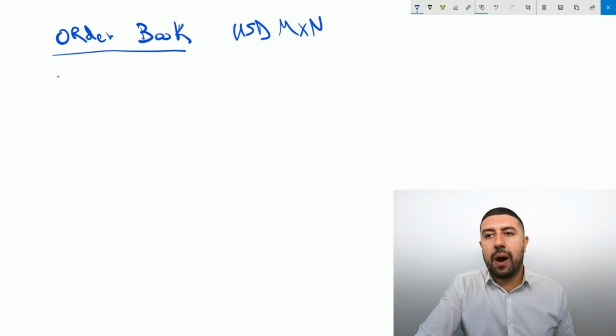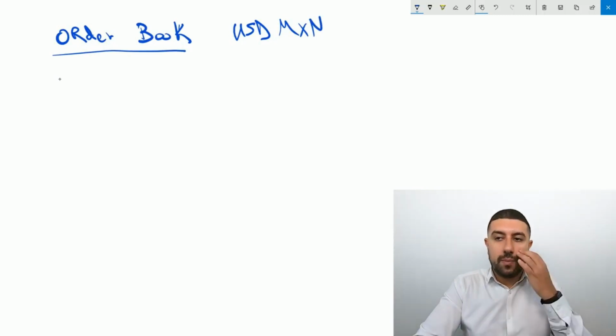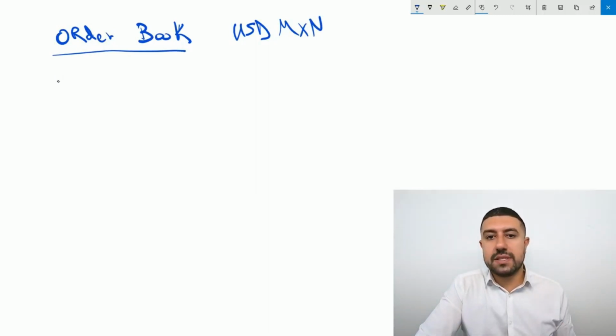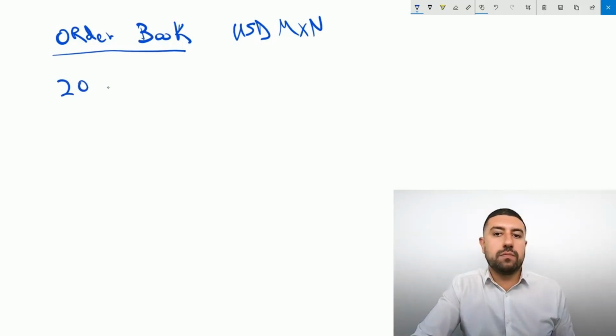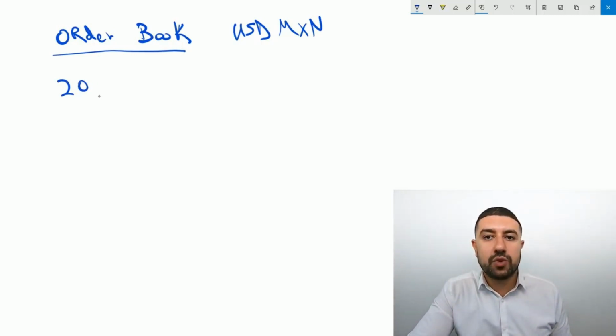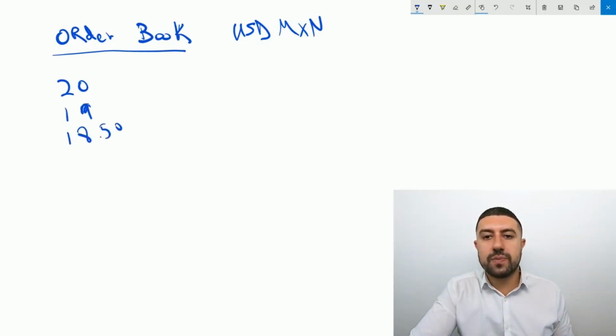Well, you'll have the buyers, so people who want to buy Mexican pesos with USD. So let's say somebody wants to buy at 20 pesos per US dollar, okay? Well, somebody else wants to buy at 19. Maybe somebody else wants 18.50, right? There's a bunch of buyers.